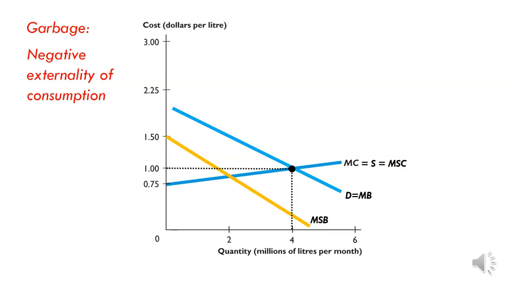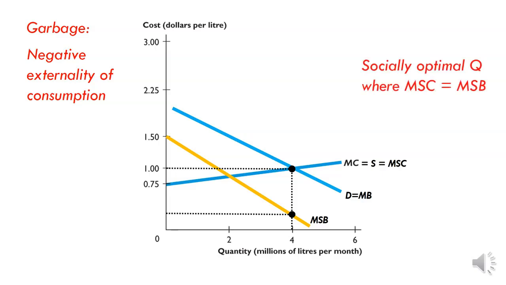The socially optimal outcome is where the marginal social benefit equals the marginal social cost. That is, the cost of the last unit to the society equals the benefit of the last unit to society. Okay? So it's obviously not happening here. We can see that the marginal social cost is $1, but the marginal social benefit is much less than that.